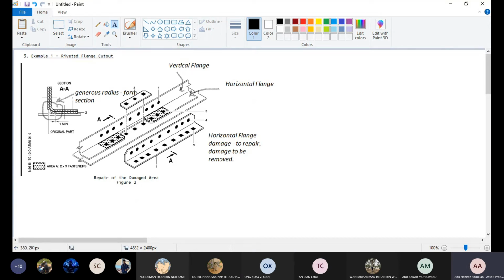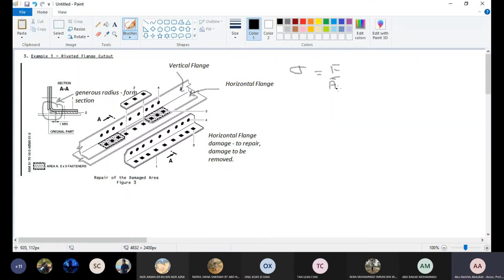And then as we have lost this area, if we remove the whole horizontal flange, you already lost the whole section here. And when you lose the section, as we have learned earlier, stress is equal to force or load over area.